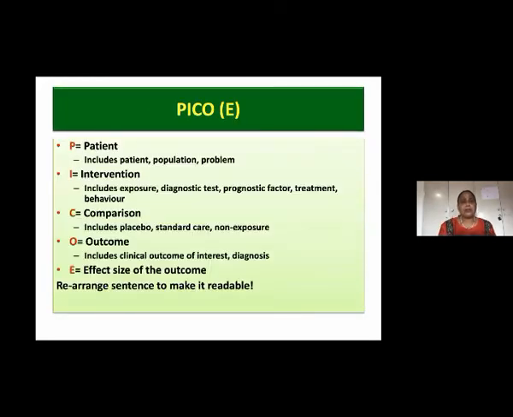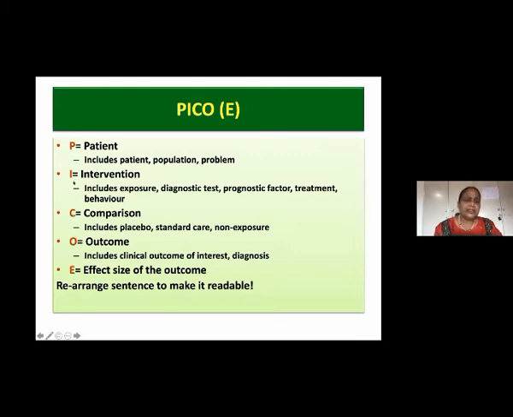So coming back to PICOTS, it's again an acronym for P, which stands for patient. It can stand for population, it can stand for problem. So it can be patients with diabetes, it can be a population living in Bathinda, it can be a set of patients with dengue as a problem. So the P can stand for any of the 3 P's here.